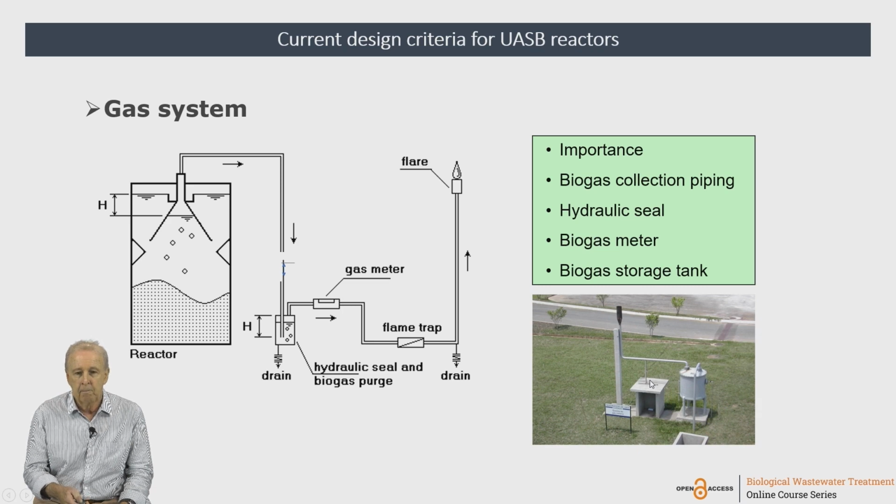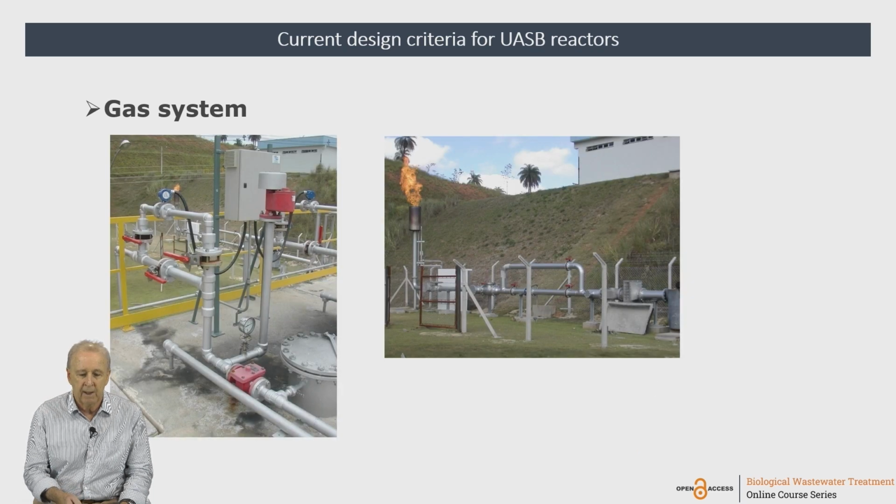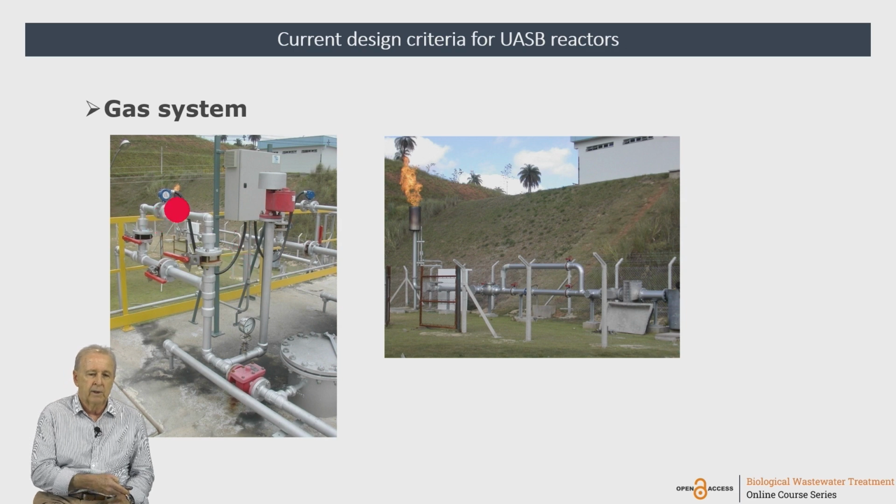But in some plants, they have more sophisticated gas systems that use valves for release of pressure and also to avoid vacuum. So here is one gas meter in this plant, and here all the biogas is being burned in this biogas flare.